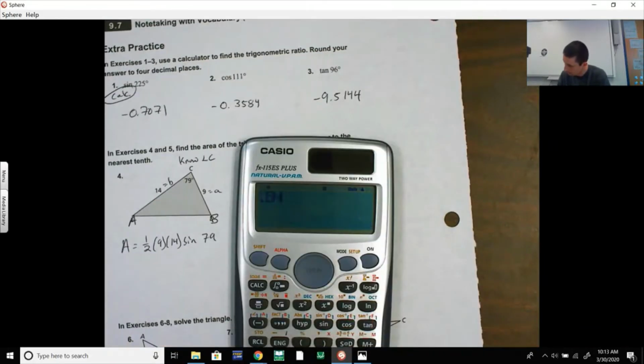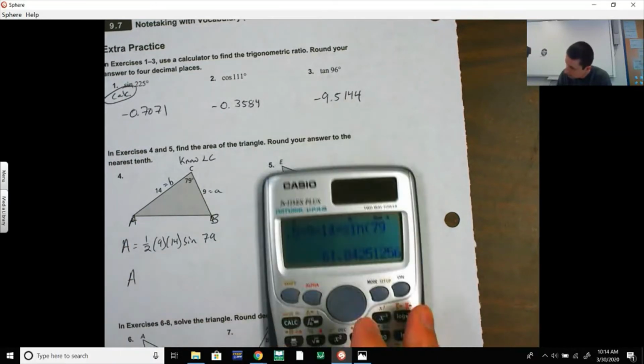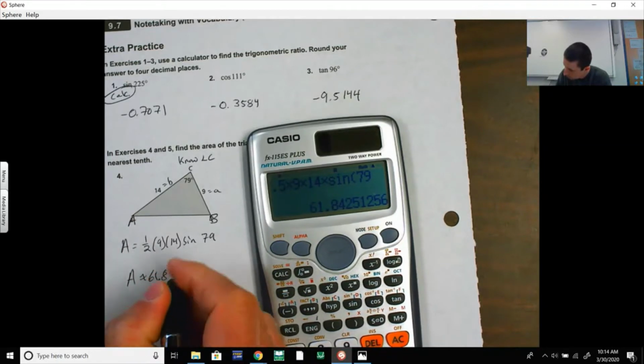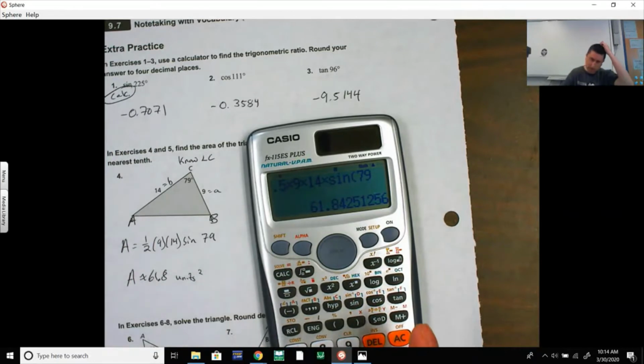So 1/2 times A times B times the sine of 79. You type that in correctly, to the nearest tenth, 61.8 square units. 61.8.